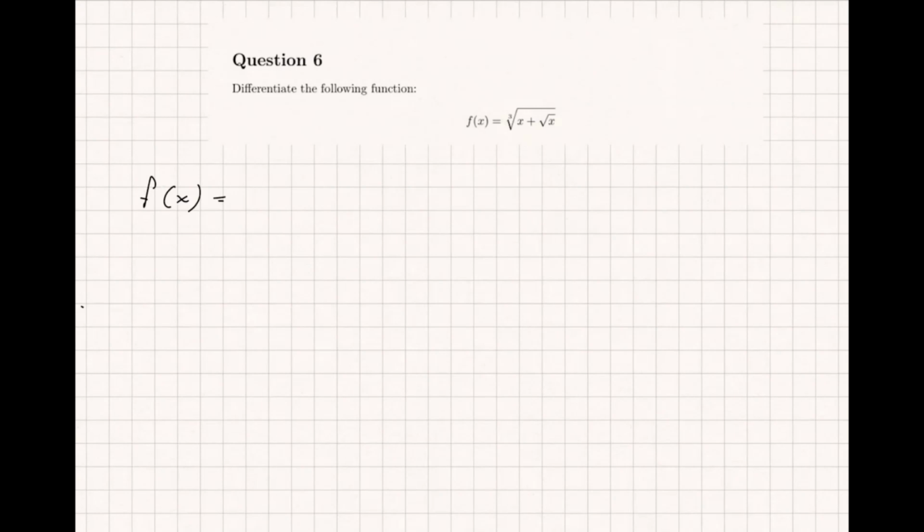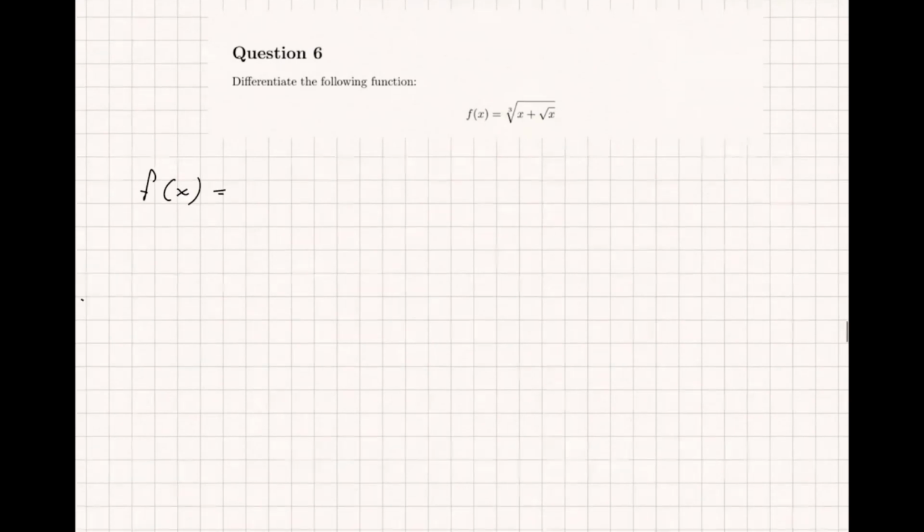So let's actually rewrite that as a power rule. So we have x plus square root of x to the power of 1 over 3. So f prime of x is, we bring down this 1 over 3, and we have x plus square root of x without doing anything to it, to the power of 1 over 3 minus 1, which is negative 2 over 3.